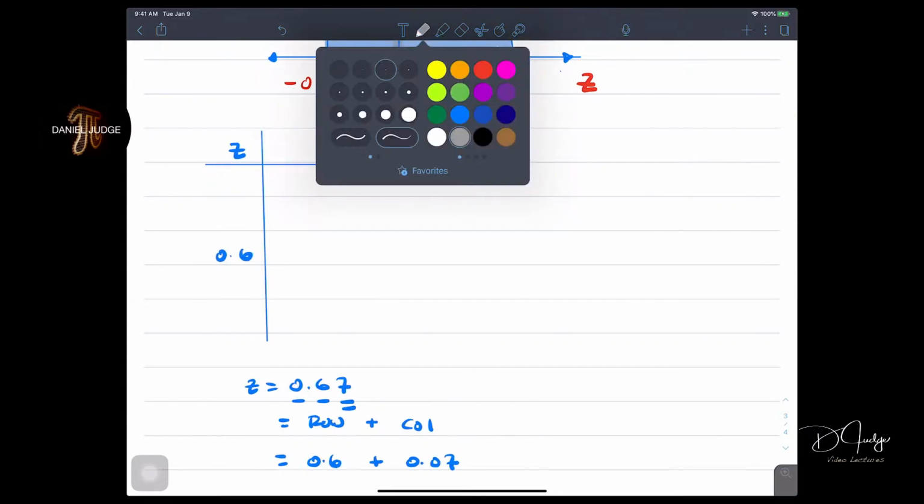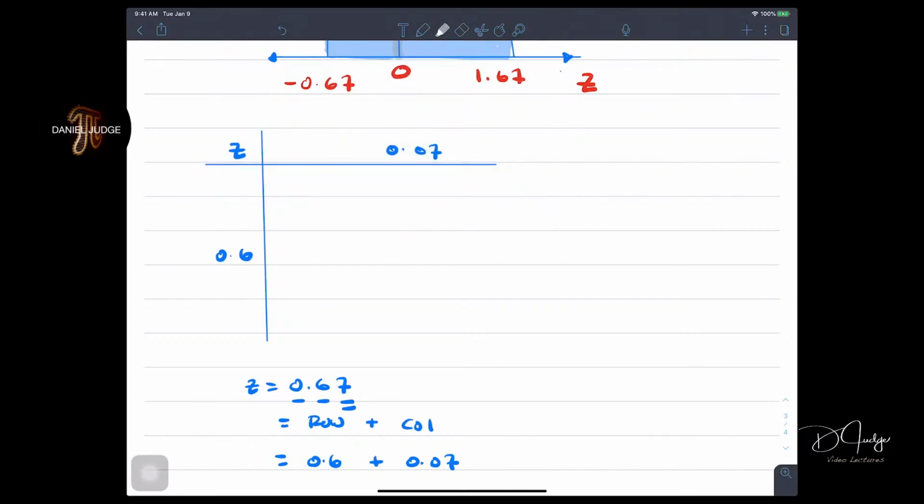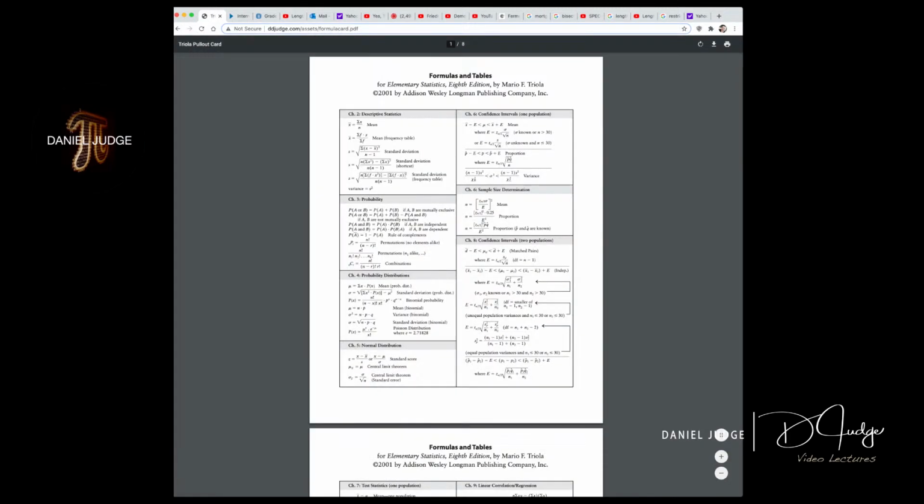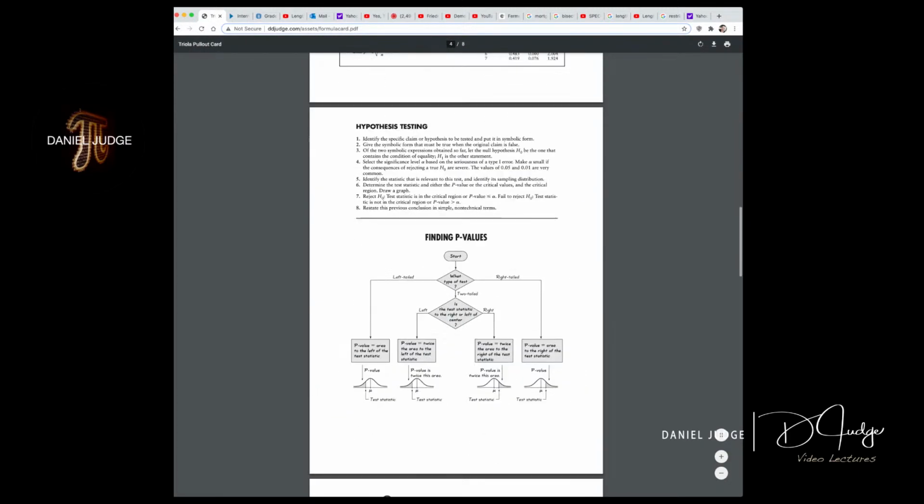and I want a highlighter, row 0.6, column 0.07, you got to look at the table, and you say, Mr. Judge, where do I find the table? And I'll say, go to the browser, Math 227, formula card and tables. Ladies and gentlemen, here we go.